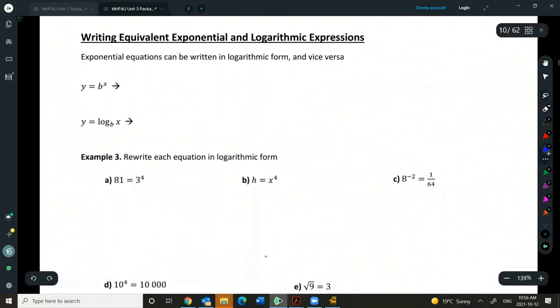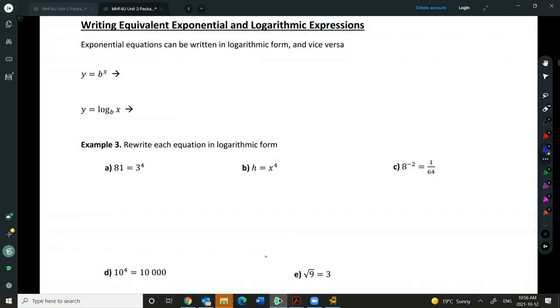Okay, so we just need to learn some of the basics today of how we write these things and how we switch between the forms. So if I were to switch between exponential and logarithmic form, we would always sort of be switching in this format. So x, the answer is the exponent.